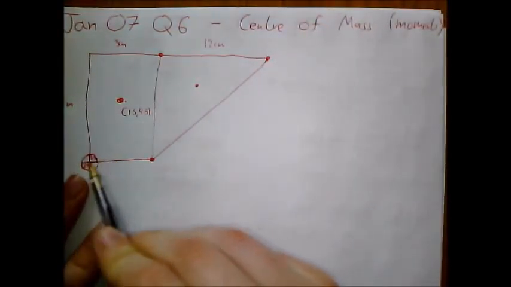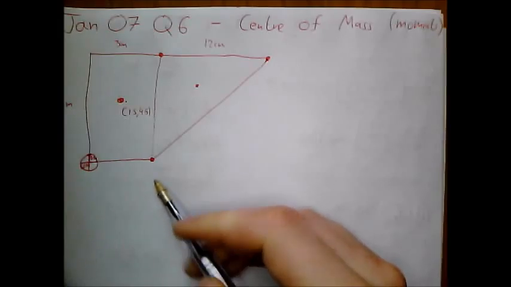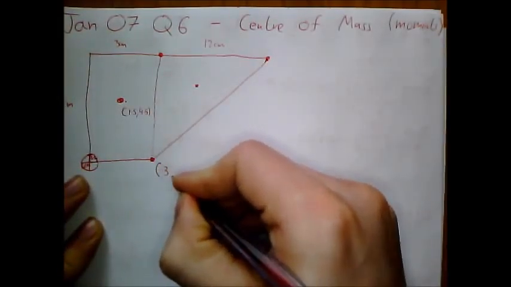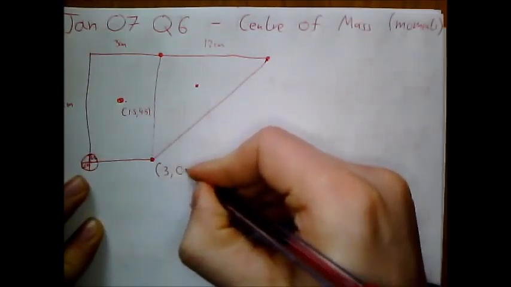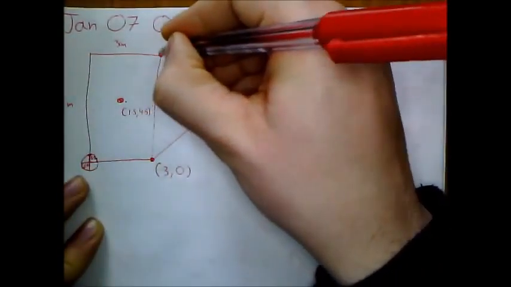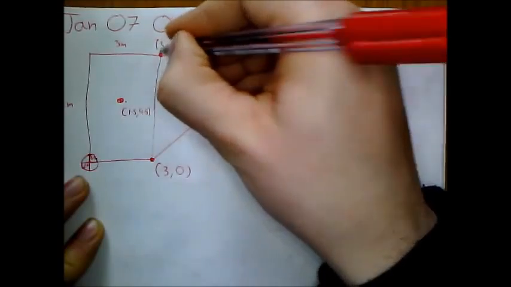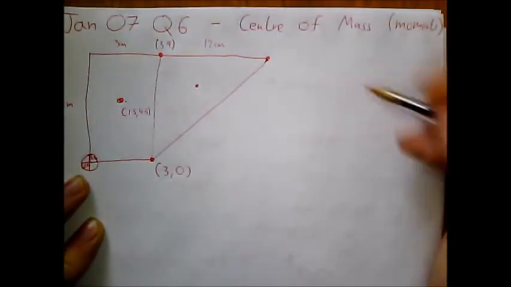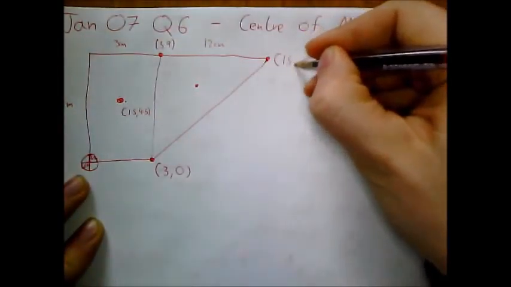This point is 3 centimetres away, so it is (3, 0). This one is (3, 9), and this one is (15, 9).